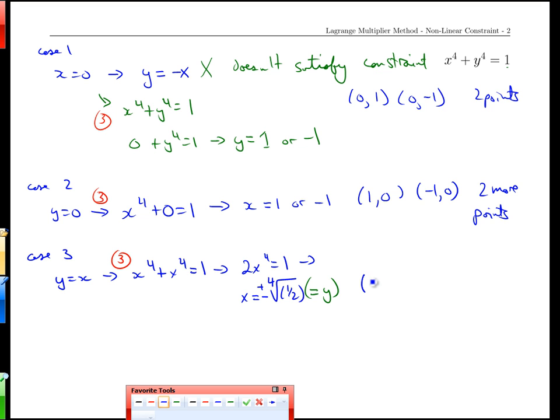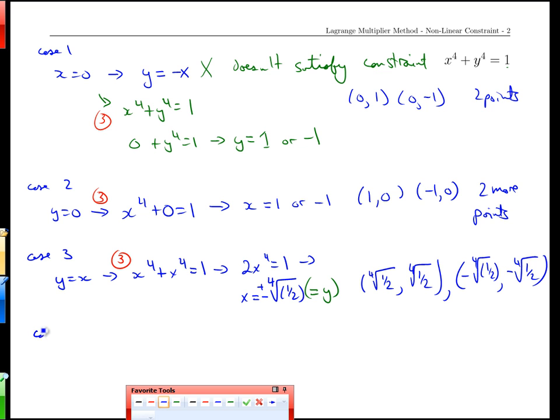So if our x is positive, the fourth root of 1/2, then our y would also be the positive fourth root of 1/2. And yet another case, the negative branch here is x equals negative fourth root of 1/2, and the y is equal to the x. That was our starting assumption for this case, and so we get a negative fourth root of 1/2.